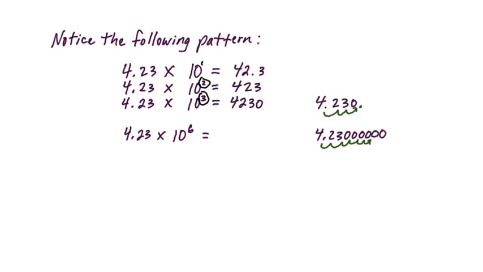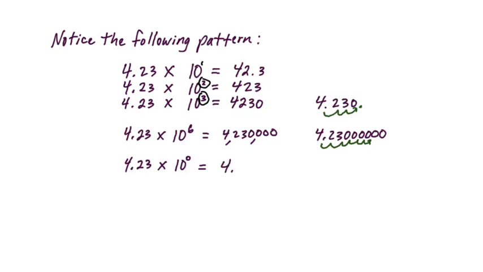That puts me right there. So I always count the number of zeros. I'm going to have 423 with 4 zeros. And so there's 423 with 4 zeros. That's 4,230,000.